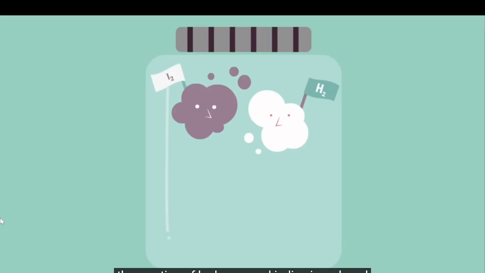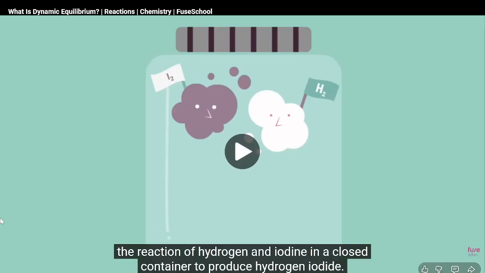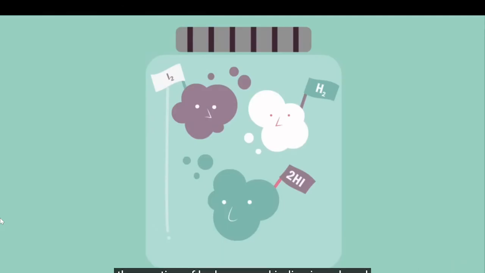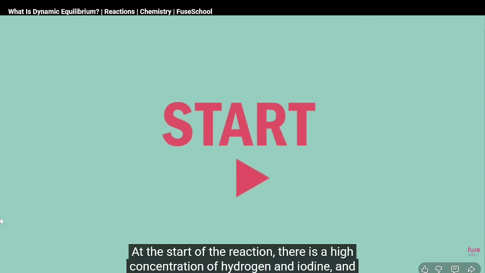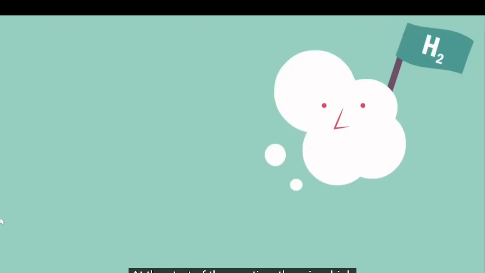So what reaction is occurring, the forward reaction or the reverse reaction right now? Forward, because we only have reactants. Can we go backwards if there's no product yet? No. To produce hydrogen iodide. Oh, look, now we have some product. Could we go backwards now? Yes.